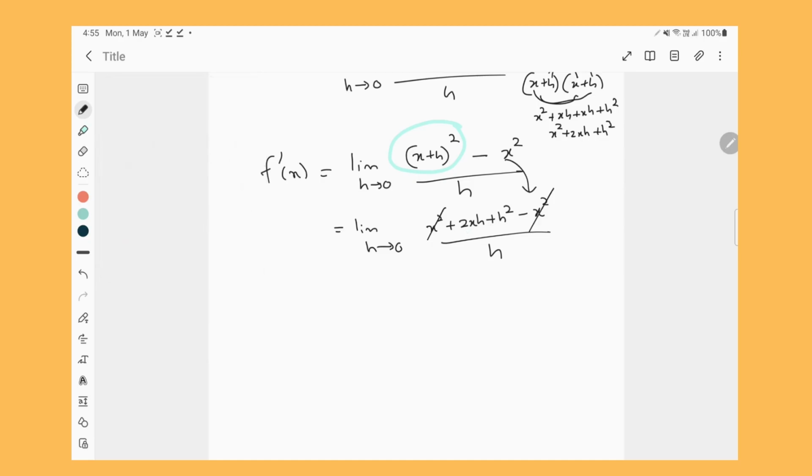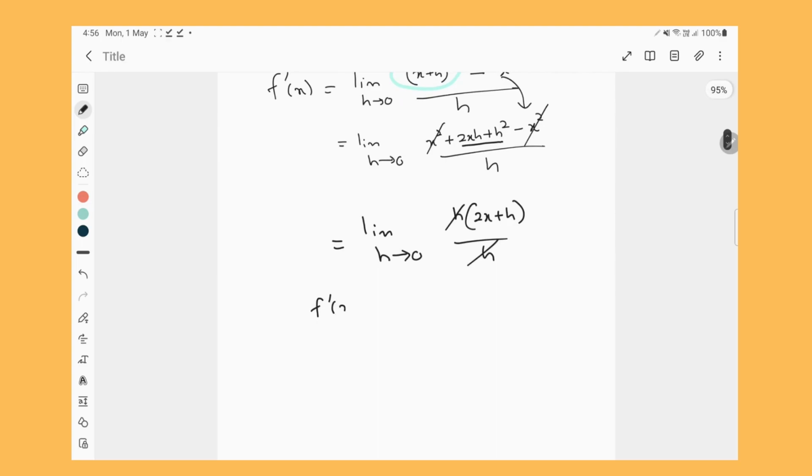Then from here we can take the h out, which is h(2x plus h) over h, limits of h goes to 0. So h and h get cancelled off. So f dash x is equal to limits of h goes to 0, you get 2x plus h. So when the limits of h goes to 0, what is f dash x?